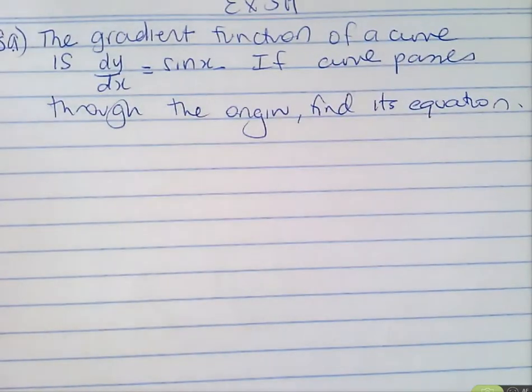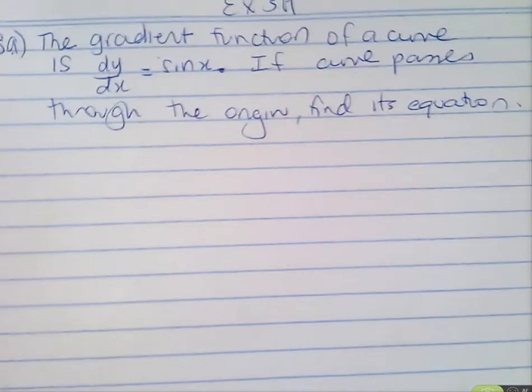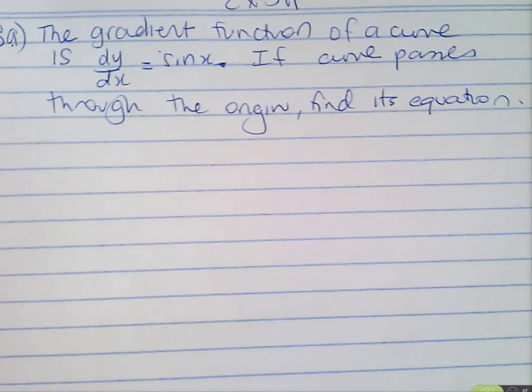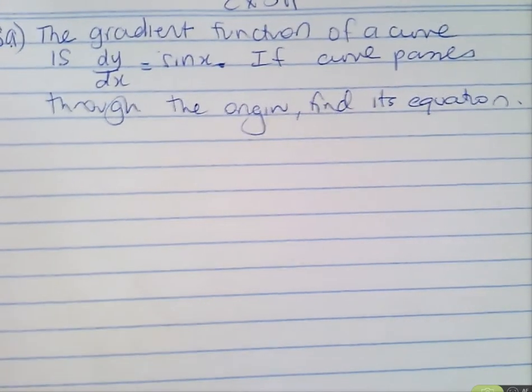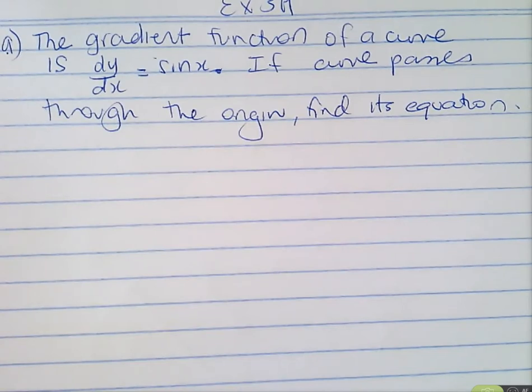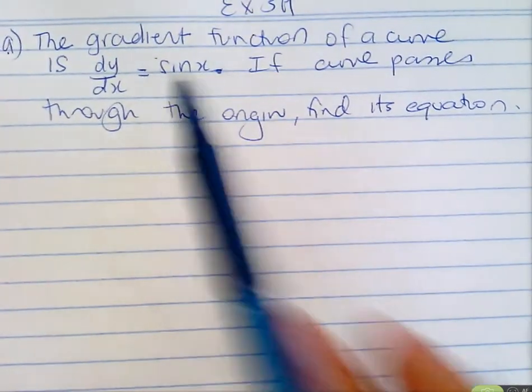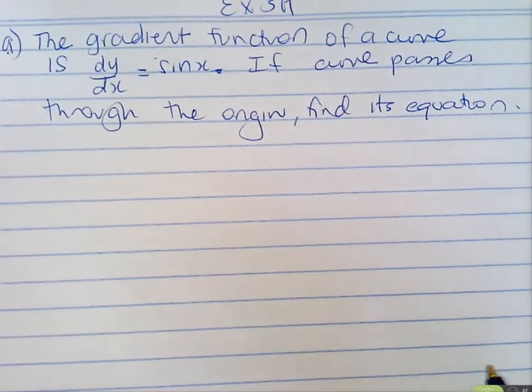I'll make this bigger. I'll pause the video, have a go. Do you think you know what to do? Right. Girls, that's the gradient function. Whenever you've got the original function y equals, you differentiate it to give you the gradient function. Now, if I've got the gradient function and I want the original, what do I do to it?